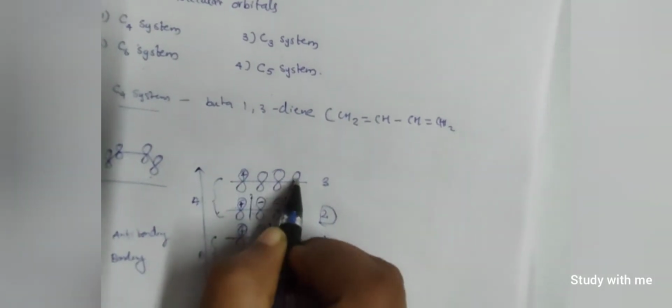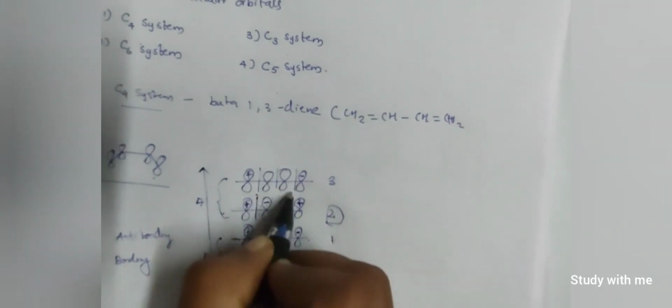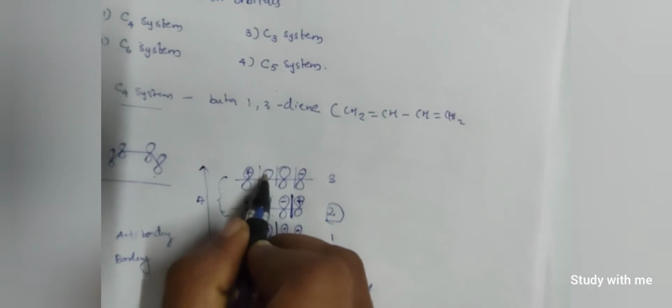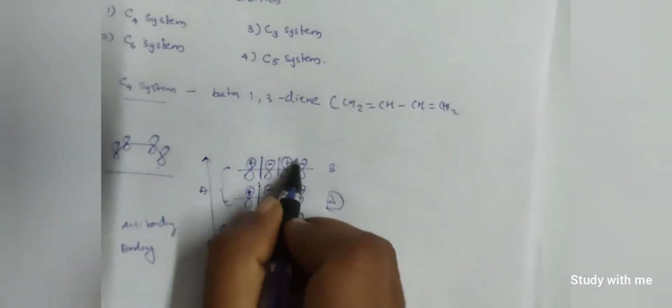In the fourth line, the first one will be positive and the last one will be negative. And we know that three nodes will be introduced here, 1, 2 and 3. So this will have alternating positive and negative signs. So we can introduce three nodes here.